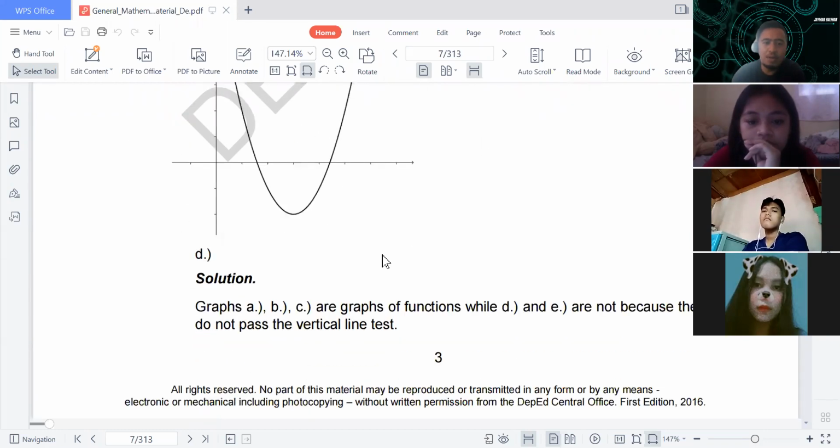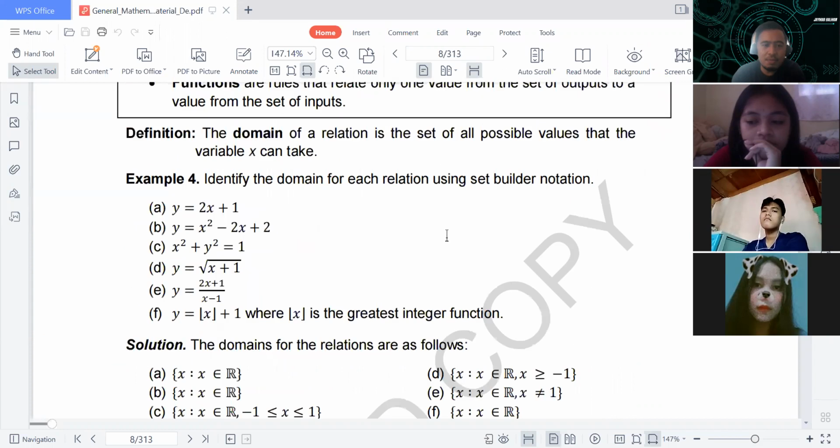How to know that a given equation is a function? Before we use this one, I will give you an example. Is it a function or not?